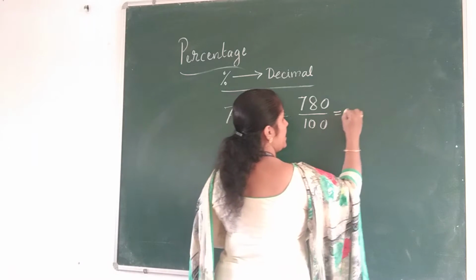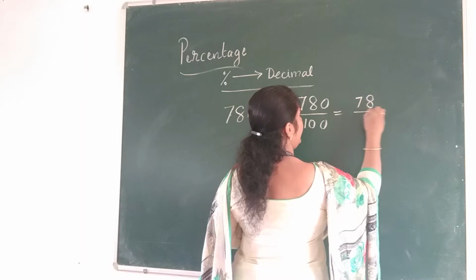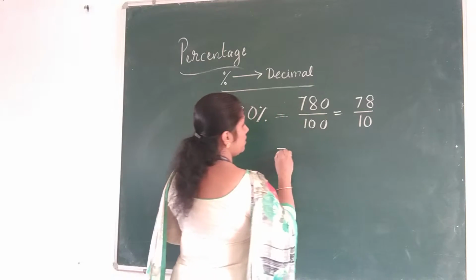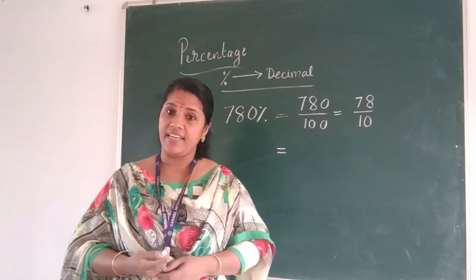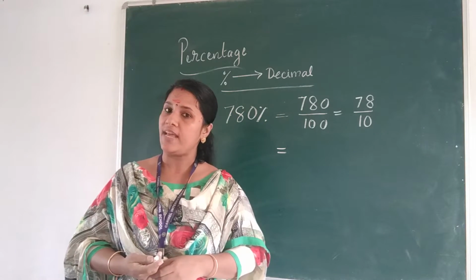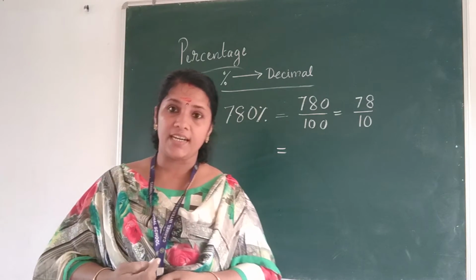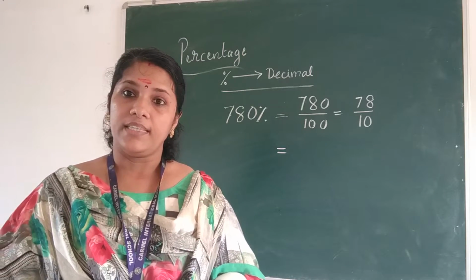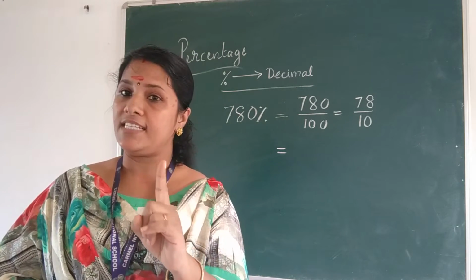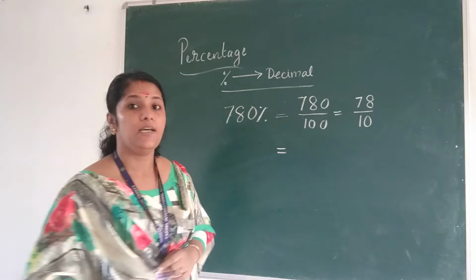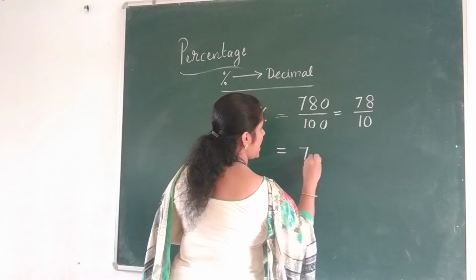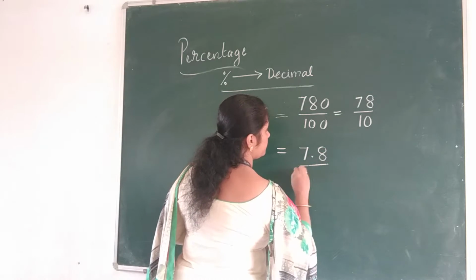So it will be 78 by 10. We can represent 78 by 10 in the form of decimal. There is only 1 zero in the denominator and therefore there will be only 1 decimal place in the answer. So the answer will be 7.8.